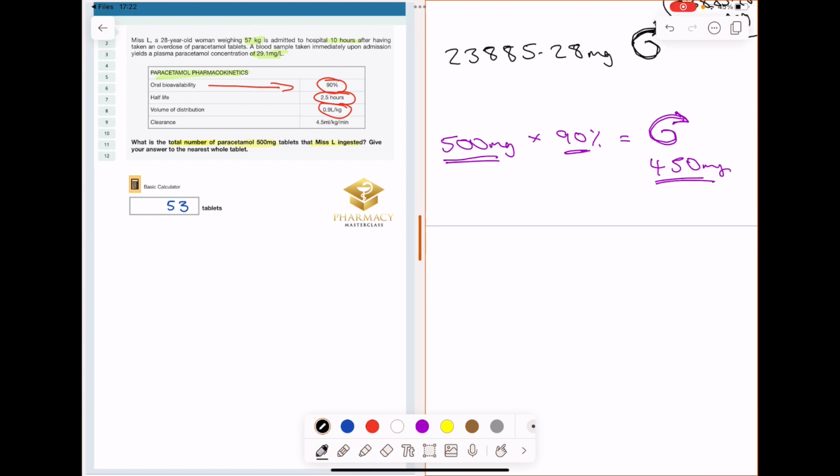So now I'm going to take the starting concentration, 2388.28 milligrams, and I'm going to divide this by 1 450 milligram tablet, which is the amount that would be circulating in the system. So again, I'm just going to break that down for you. This is the starting concentration that's in my patient's system, and I'm dividing it by 1 tablet.